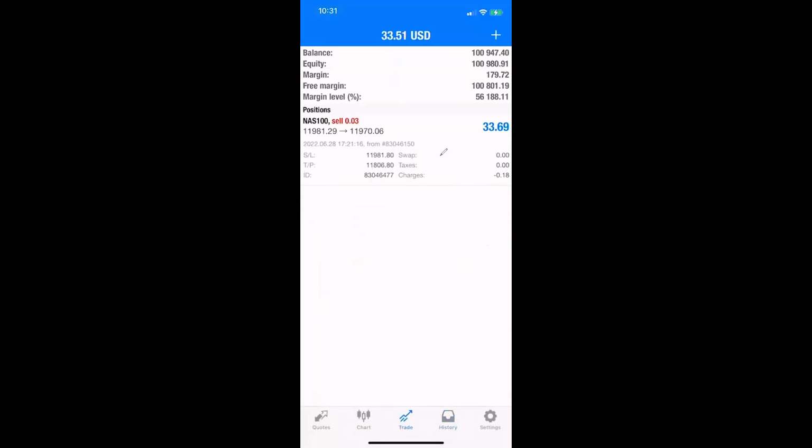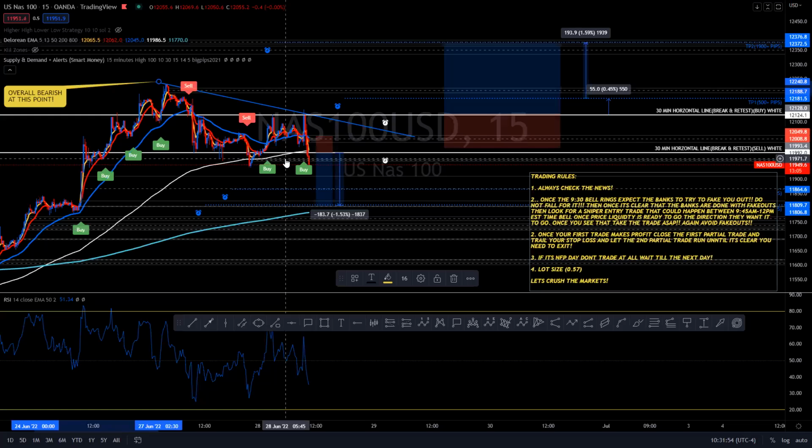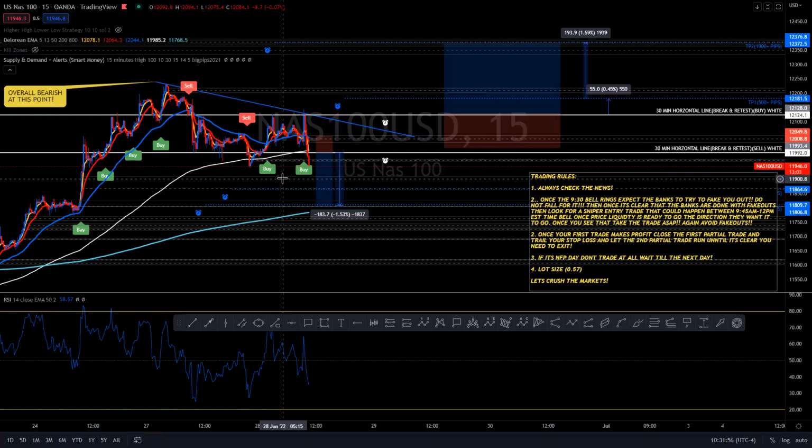So we still got the second one. So now let's share the main screen and see what price is at. Still dropping, loving it. We want to trail this stop loss a little bit closer, dropping even more.